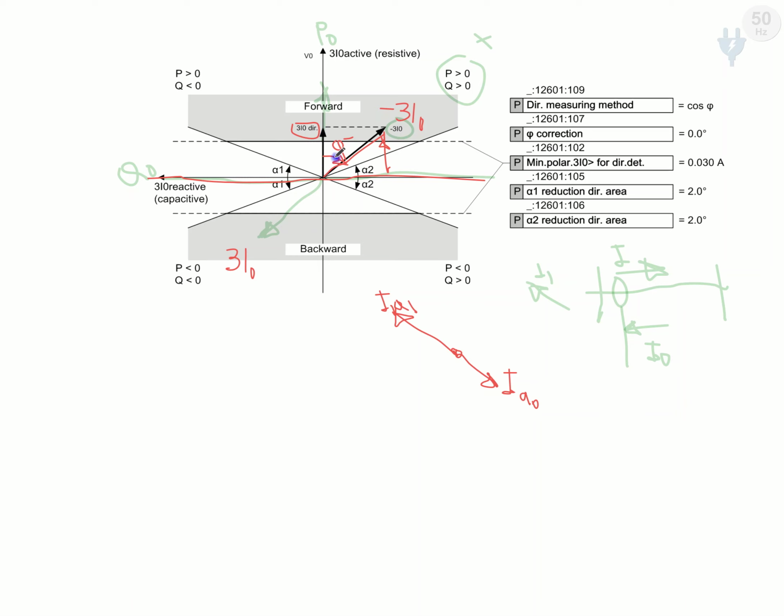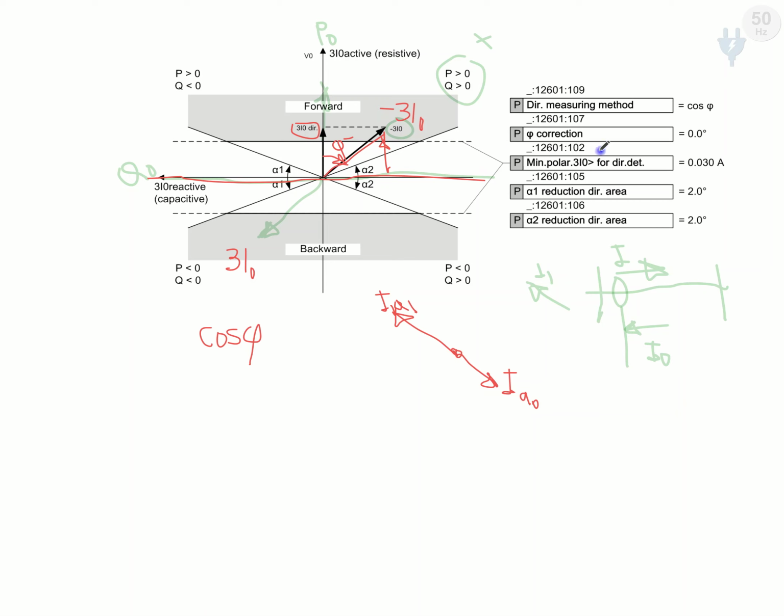We need this part, so we take the cosine of phi for calculation, for the measuring method, because the side value of an angle is cosine. And there is this phi correction; the correction value we'll discuss later. Even though we have discussed it in the previous session, for more clarification we will clarify it further in our discussion.